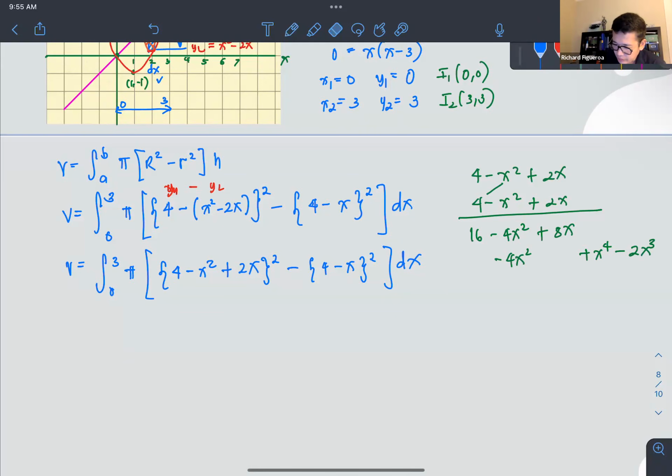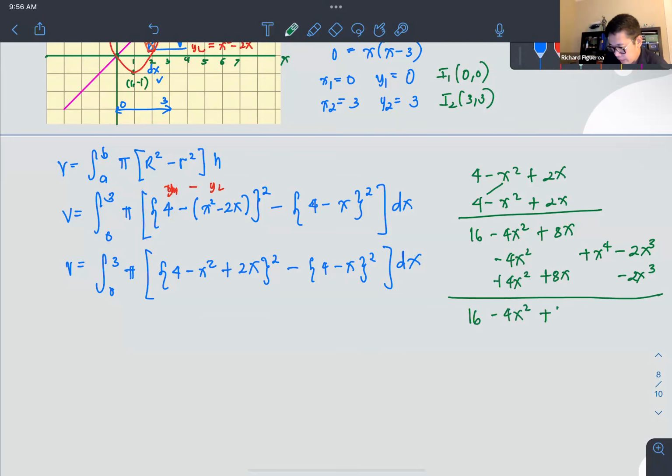And then 2x times 4, so that would be 8x. And then 2x times negative x squared, so negative 2x cubed. And lastly, 2x times 2x, that would be positive 4x squared. So we take the algebraic sum, so 16, negative 4x squared, so plus 16x plus x to the 4th minus 4x cubed.